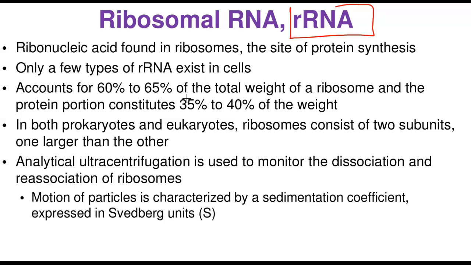And then the protein portion is about 35 to 40% of the weight. In both prokaryote and eukaryote, the ribosomes consist of two subunits, one large and one small. Analytical centrifugation is used to monitor the dissociation and the association of these ribosomes. Of course, you can use that to separate them and use them for studies.